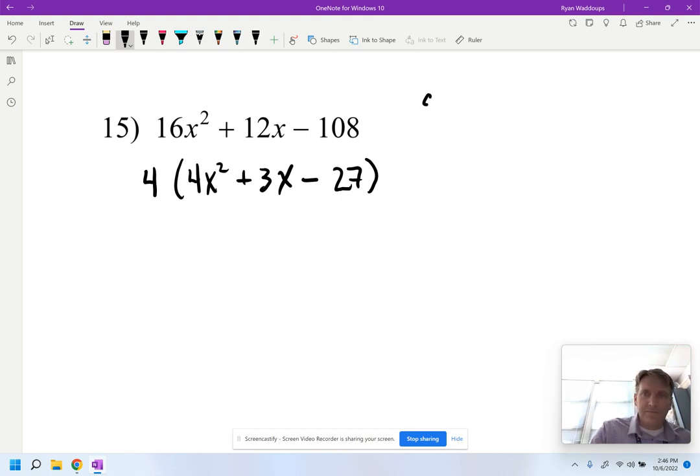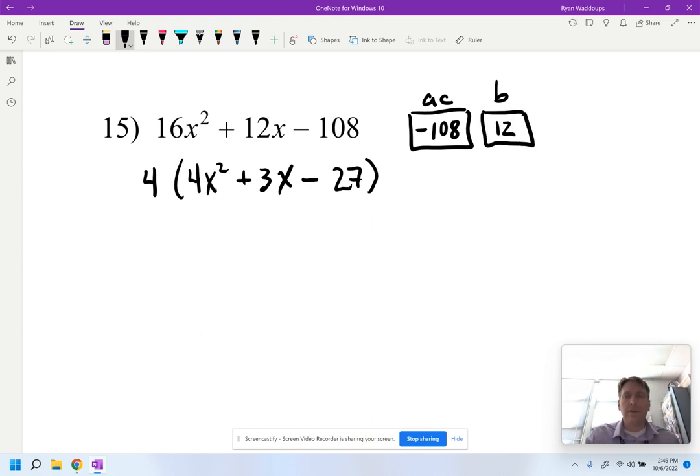So our AC is negative 27 times 4. We get negative 108, and B is positive 12. So once again, positive and negative.